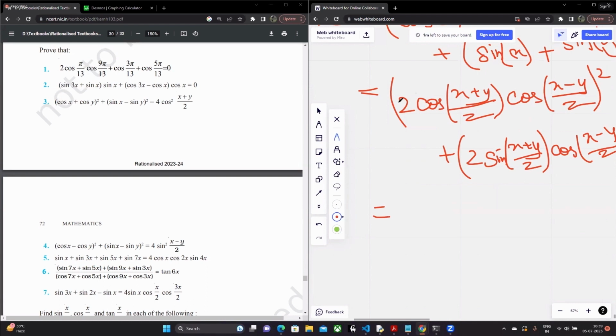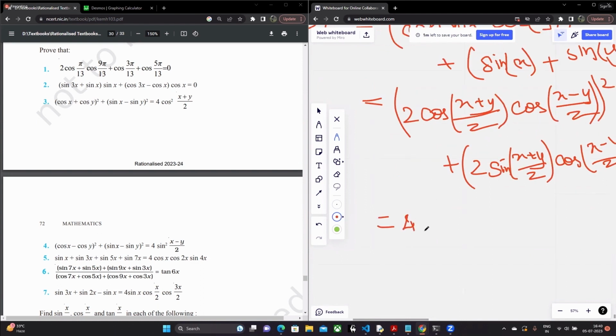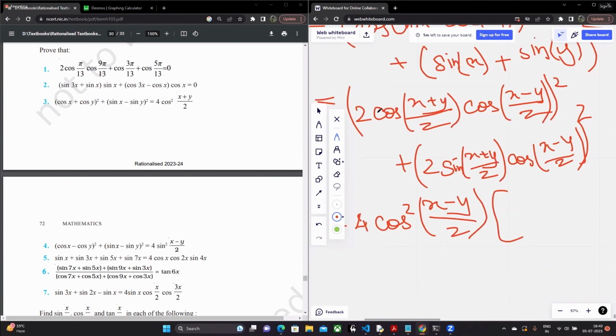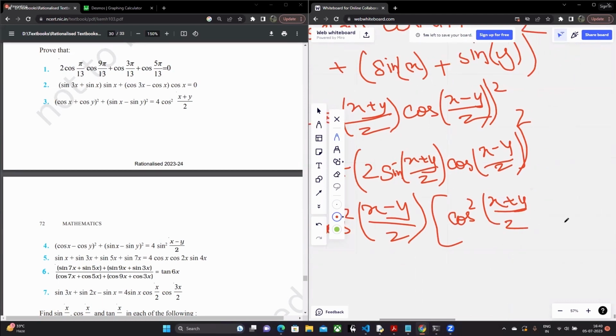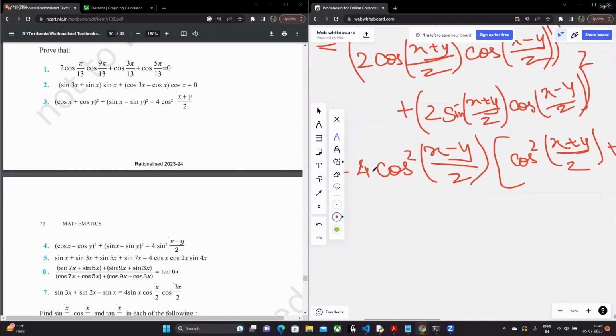So I'll basically take 2 cos (x minus y) by 2, the whole square, out common from both. Right? So I'll basically have 4 cos square of (x minus y) by 2 whole into cos squared (x plus y) by 2 plus sin square (x plus y) by 2. Right? This is basically 1.